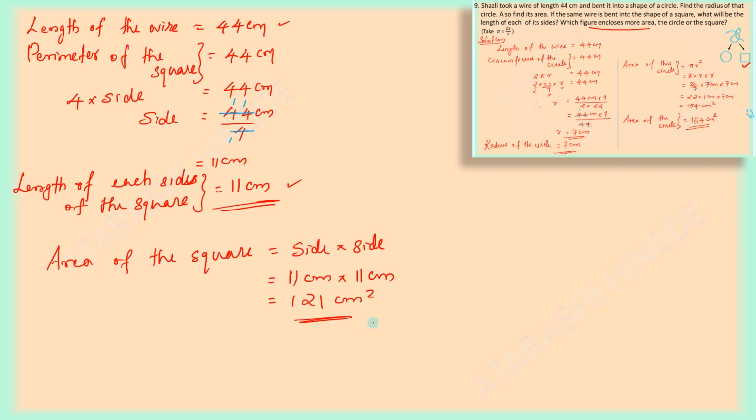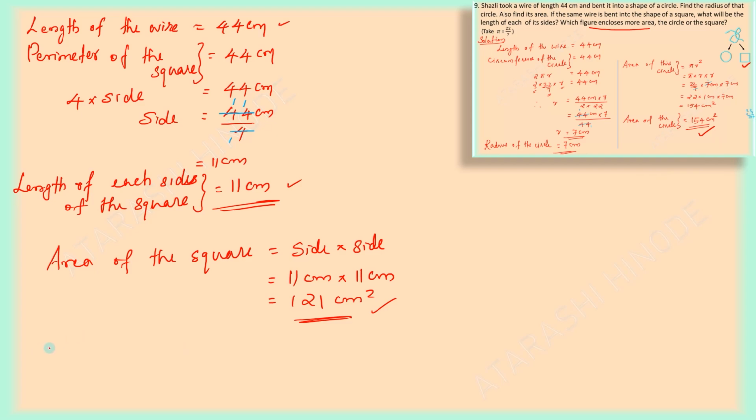Next, let us compare both the areas. Here area of the square is 121 centimeter square, and area of the circle is 154 centimeter square. Which is greater here? 154 centimeter square, is it?